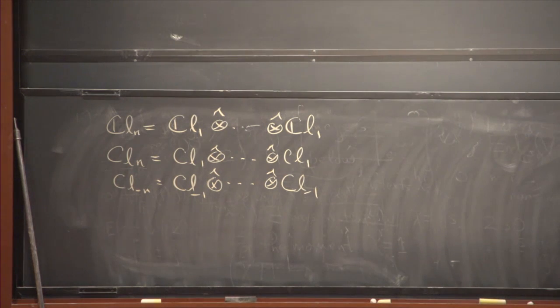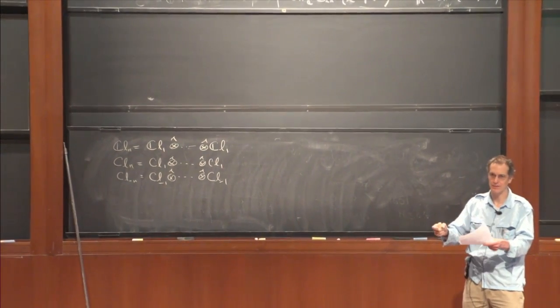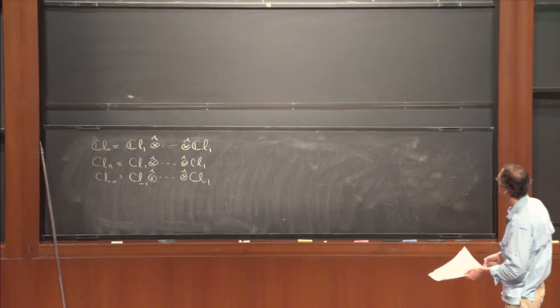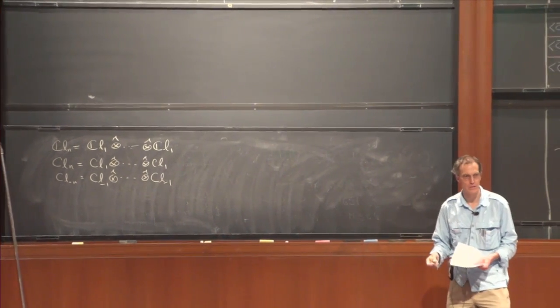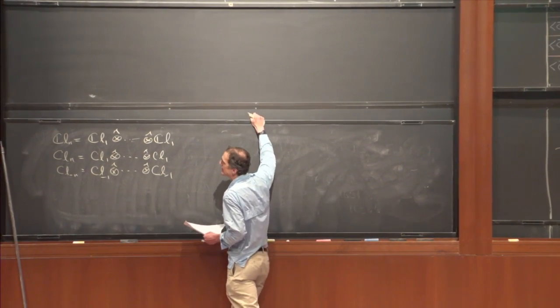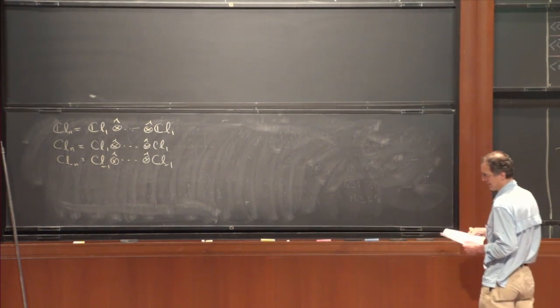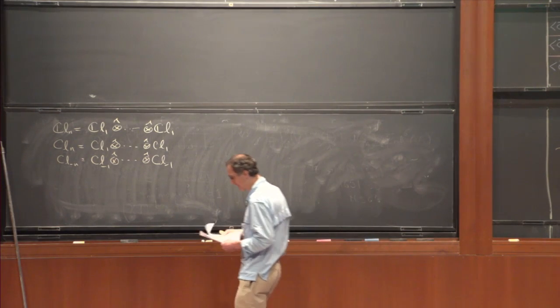Well, one thing is that, you see, the graded tensor product is not respected by matrix representations. If you have a matrix representation of two superalgebras, the tensor product of the matrix representations is not a representation of the graded tensor product of the algebras, precisely because of the Koszul sign rule. But that's the essential reason. So you can't just take representations of these guys and produce automatically matrix representations of the Clifford algebras.